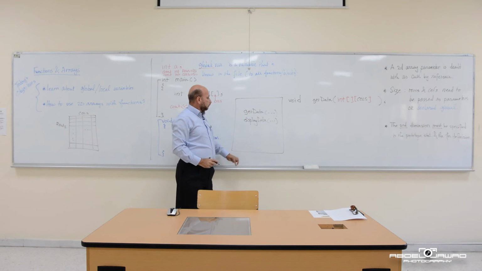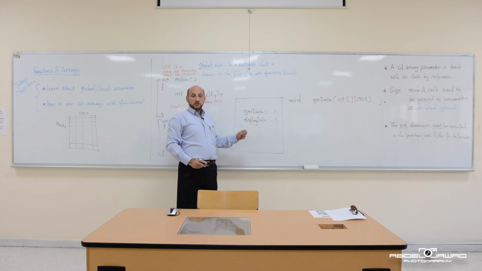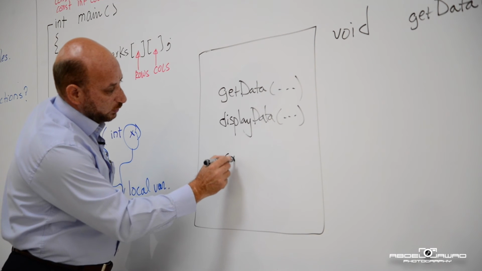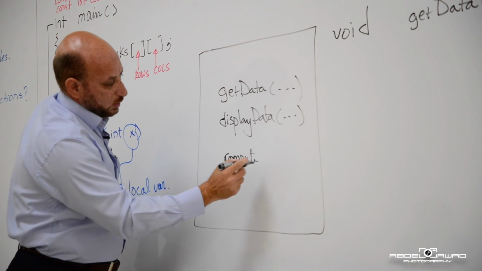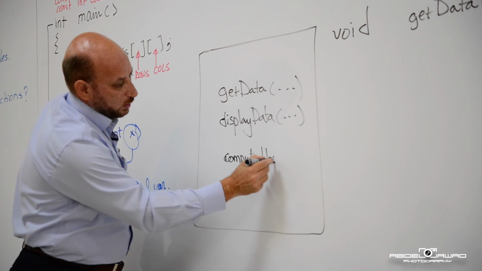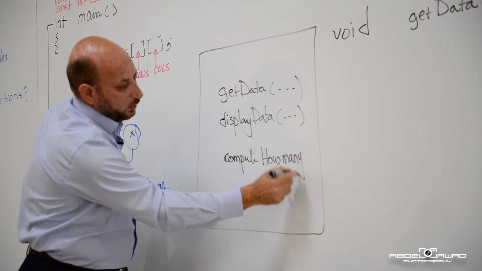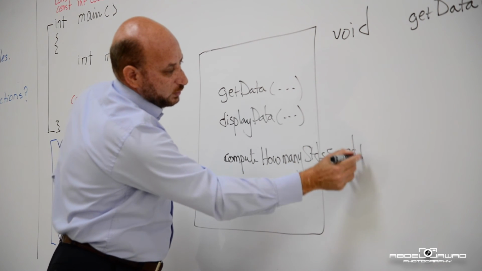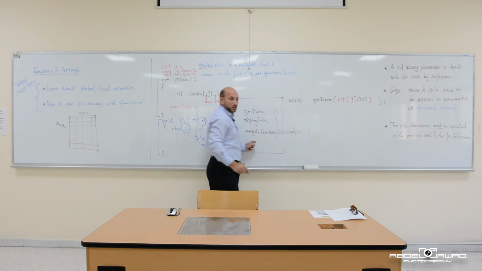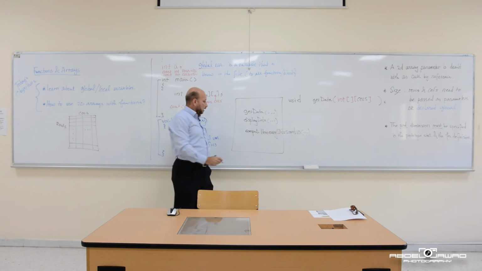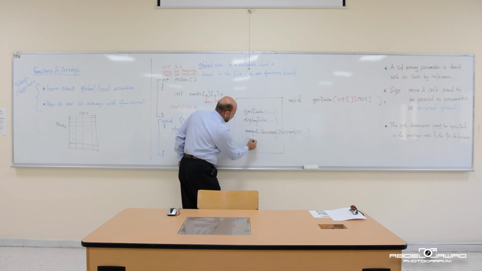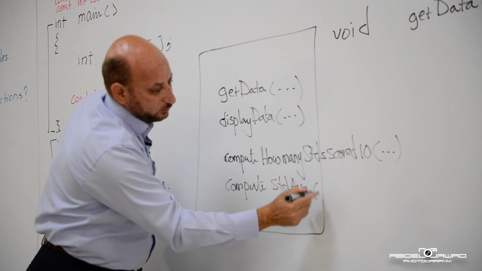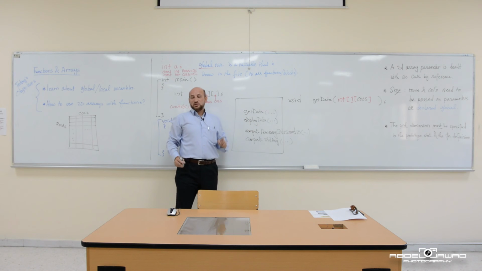Then we could do, after printing, find the average, or compute how many students scored 10. You remember this example? How many students scored 10? And maybe compute a specific student average.